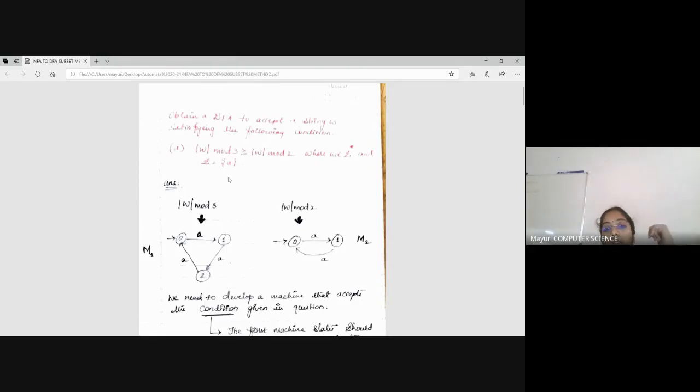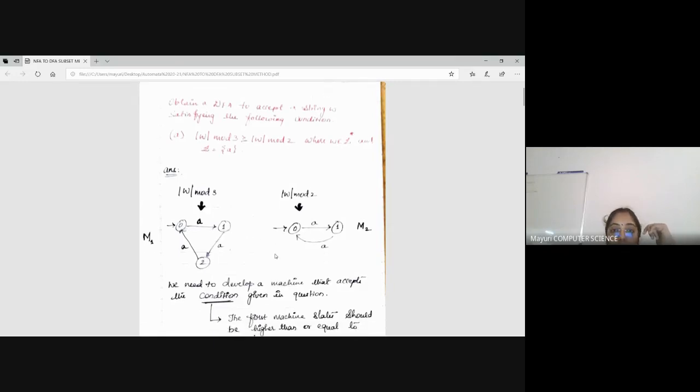Now let us take the states from each and every machine. There are two machines: one with mod length 3, and one with mod 2. I have considered this as my machine 1 and this as machine 2.